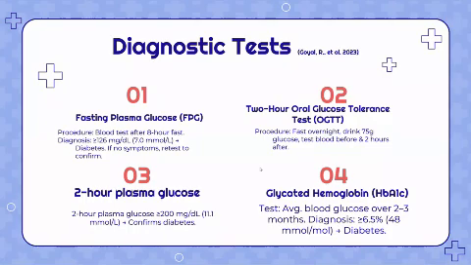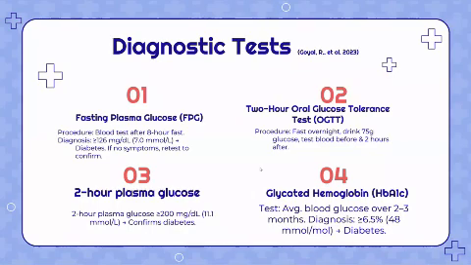Thank you, Cynthia, for your presentation. Now I will continue with the diagnostic test. We have many kinds of tests to determine if the patient has diabetes type 2. We have a fasting plasma glucose, a 2-hour oral glucose tolerance test, and also 2-hour plasma glucose and glycated hemoglobin.